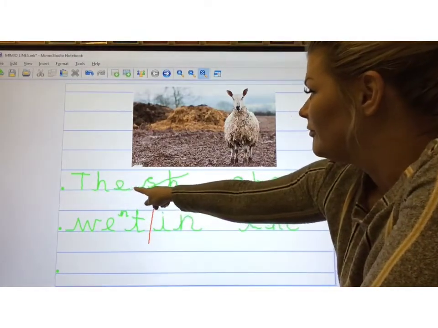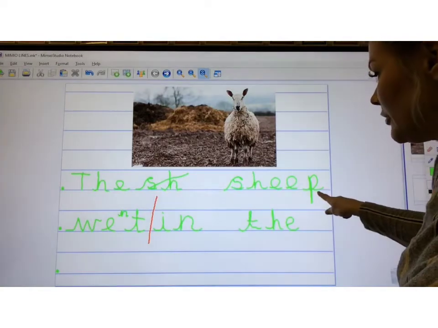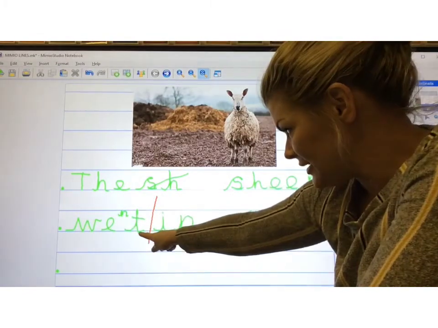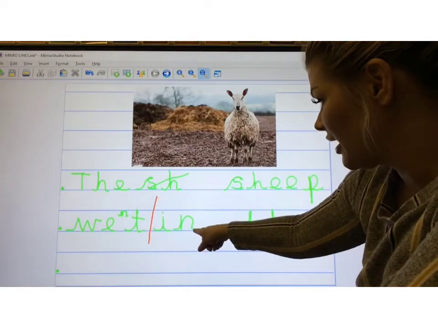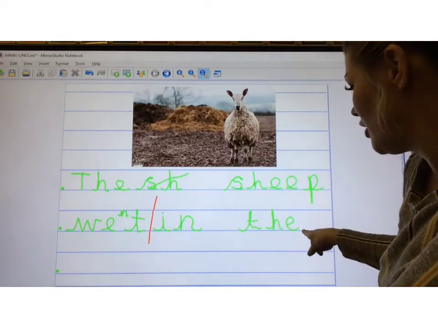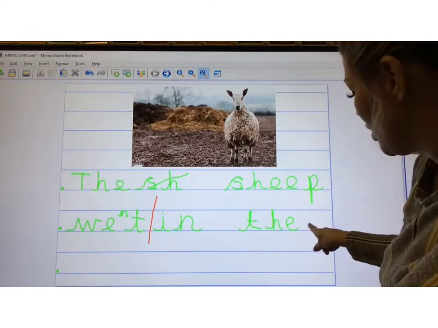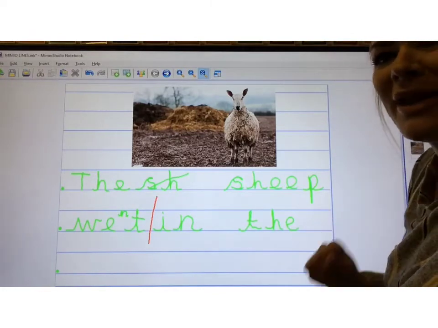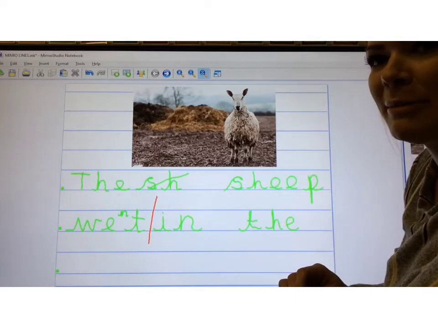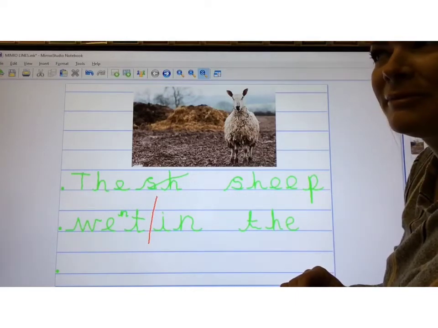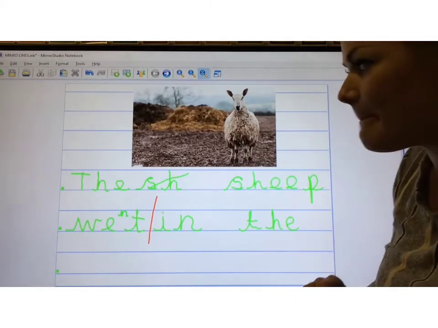The sheep went, stop, in the mud. I've got a little bit of room there, but there's not enough to write mud. So where am I going to write mud? Point to it, please. I'm going to go to the next dot, mud.